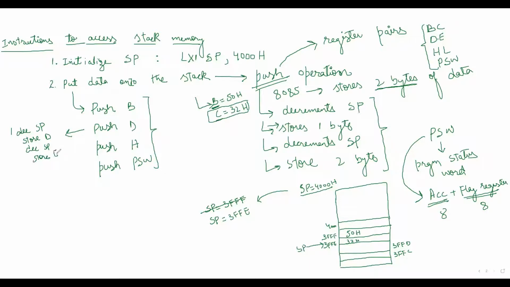What is the lower byte? E. So for push H, I will first store H, then I will store L. For PSW, program status word, I will first store accumulator register and then I will store flag register. So these are the operations related to putting data onto the stack.